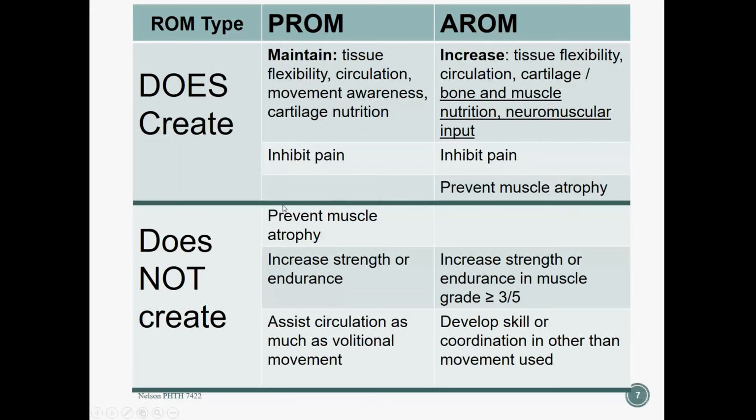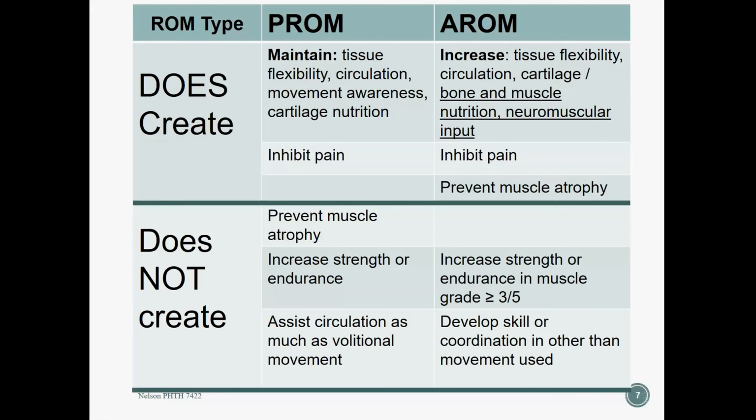Passive range of motion does not prevent atrophy, it does not increase strength or endurance, and it isn't as good at helping with circulation. On the other hand, active range of motion does not increase strength if the muscle is already at a grade 3 or better. A grade 3 muscle is a muscle that can lift the body part or the limb fully against gravity.